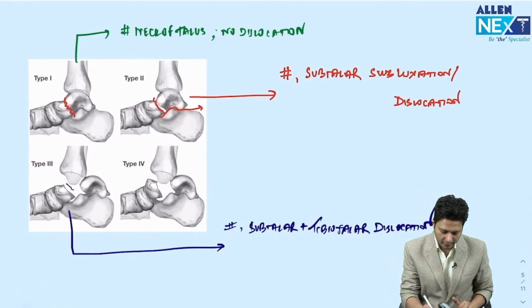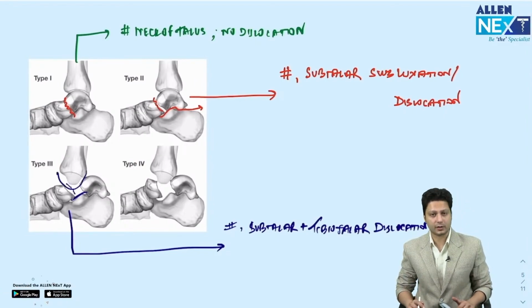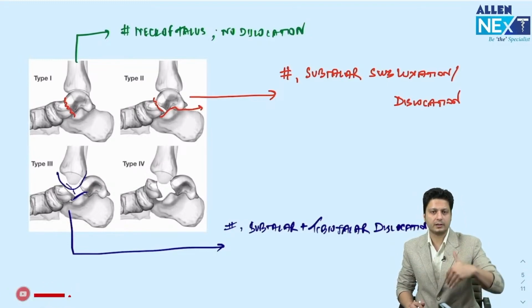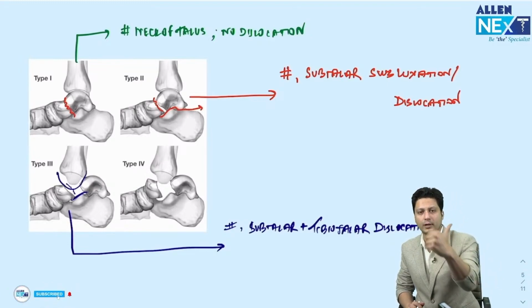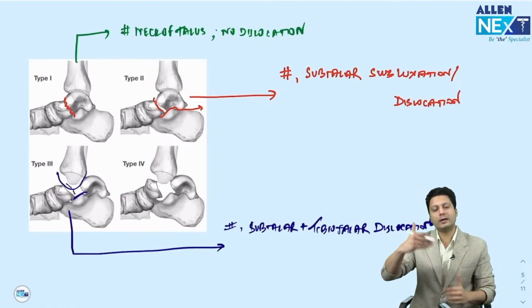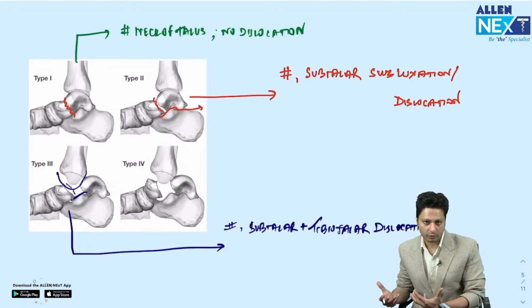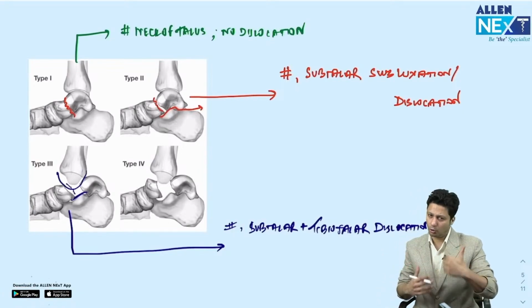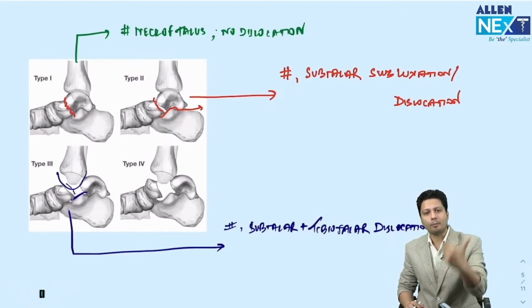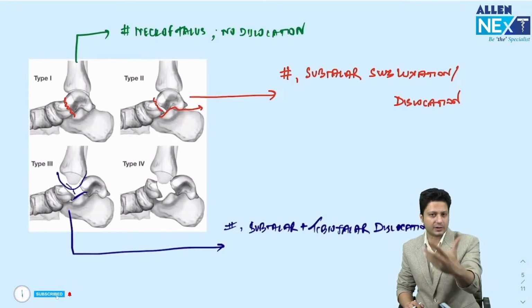Like there is not only a fracture, there is a subtalar dislocation as well as tibiotalar dislocation. That is type 3. So obviously, the moment you go from type 1 to type 2 to type 3, there is worsening of the prognosis, all right? The outcomes are getting more and more complicated. The possibility of complications is getting higher.